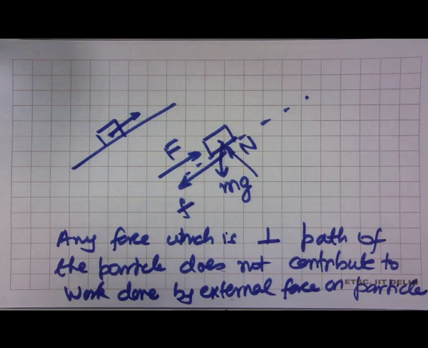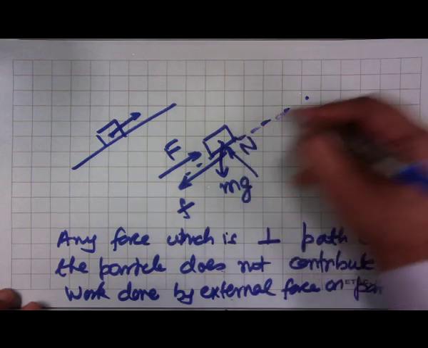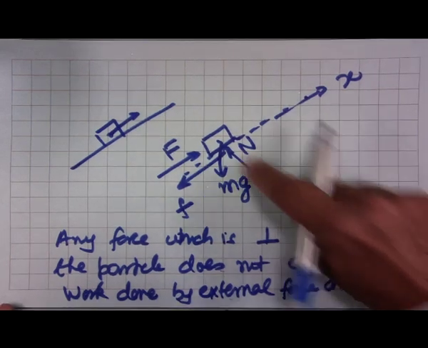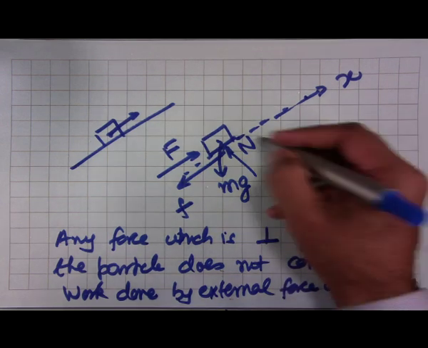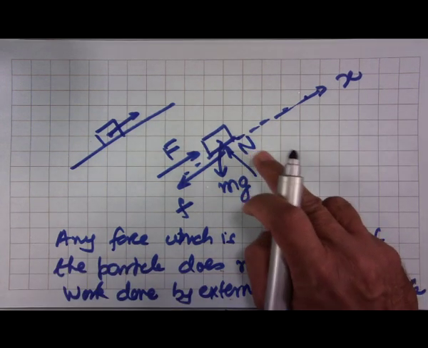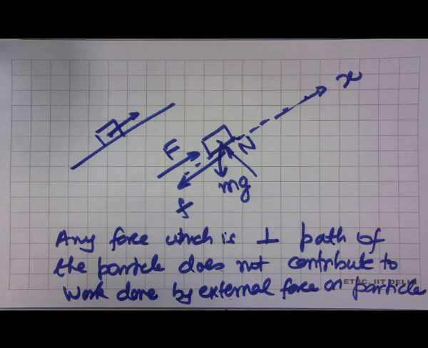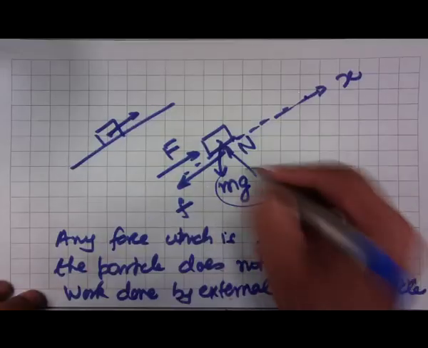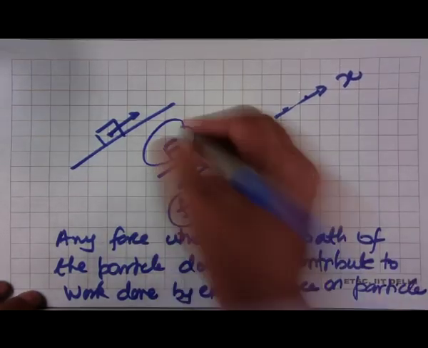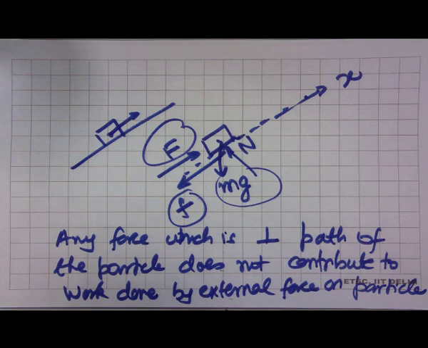Let us look at this example. In this case, this particle is moving up along the x direction. The normal reaction n is always perpendicular to the x direction. So, if we use the work energy method in this problem, we do not have to bother about n, because we know the work done by n will always be 0. In this problem, there will be work done by mg, work done by friction, work done by force F, which have to be accounted for, but work done by n will not be there.